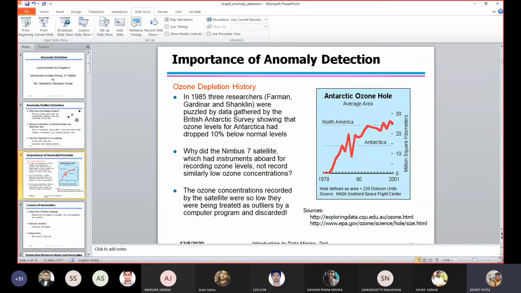So therefore it has importance. As I said, a regular transaction limit exceeding, say, above 2 lakhs in a particular day, one can ignore it. But if this guy regularly has transactions of 10,000, then this may be something different.